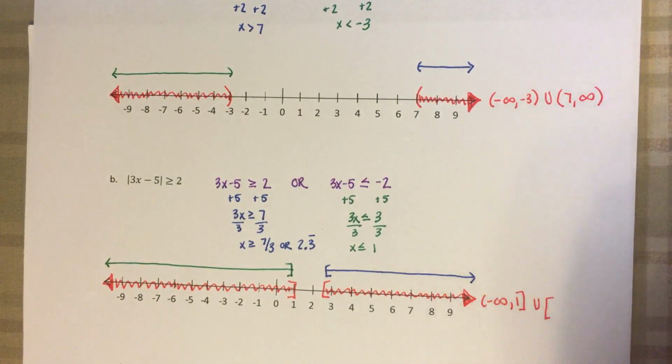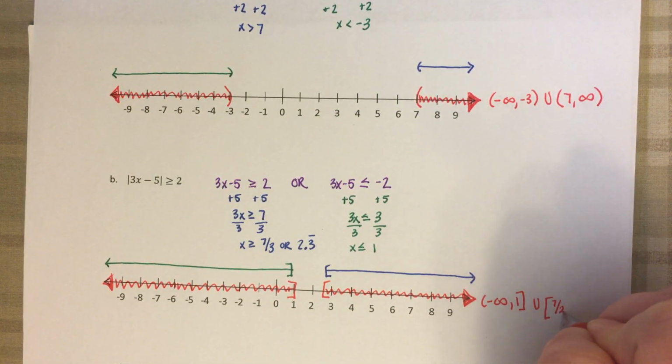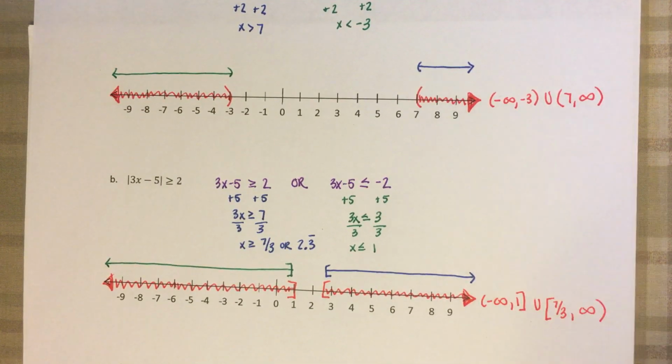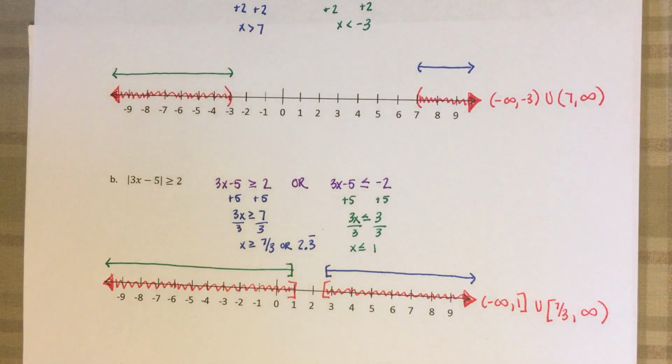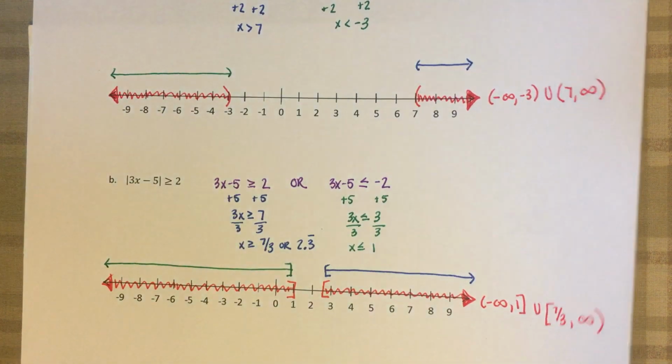Union 7/3 to positive infinity. Again, fractions or decimals doesn't really make a difference. Decimals give you a good approximation of where to put them on a number line. As you're going through the homework, just make sure you're paying attention to the instructions that you are being given in the assignment.